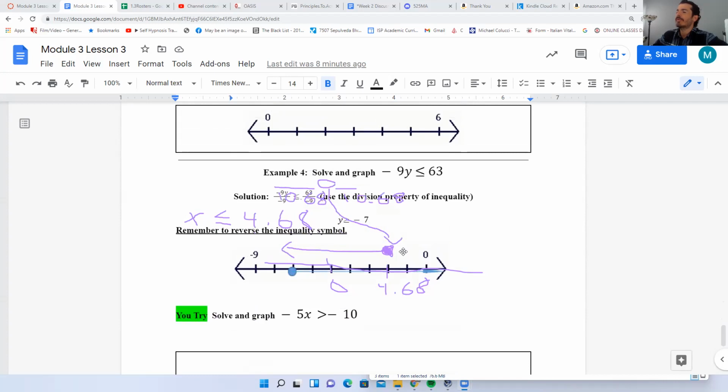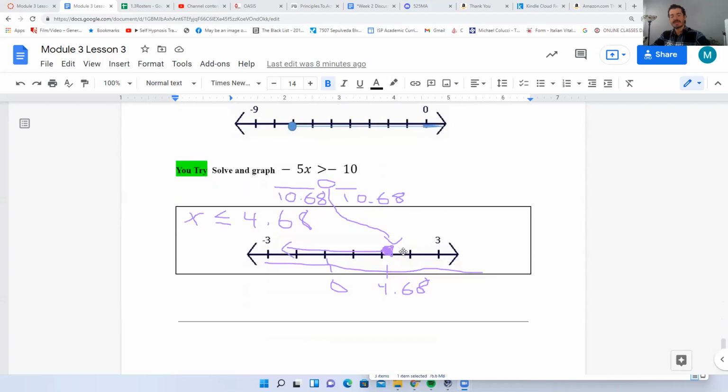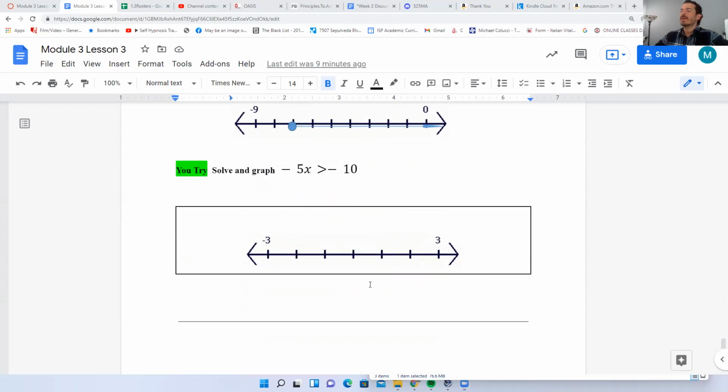Okay, another example. They want you to practice with negatives now. We've seen this where we've had to switch the sign. So I'm going to use the addition property of equality just to model it a little differently.